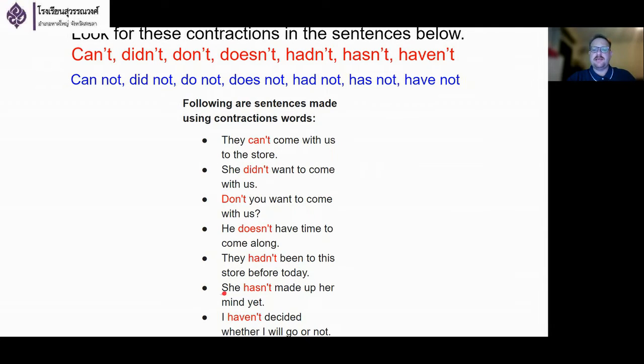Hasn't, has not. I have not decided. I haven't decided. Haven't is the contraction of have not. Once again, the O is missing and the apostrophe has taken its place. I haven't decided.